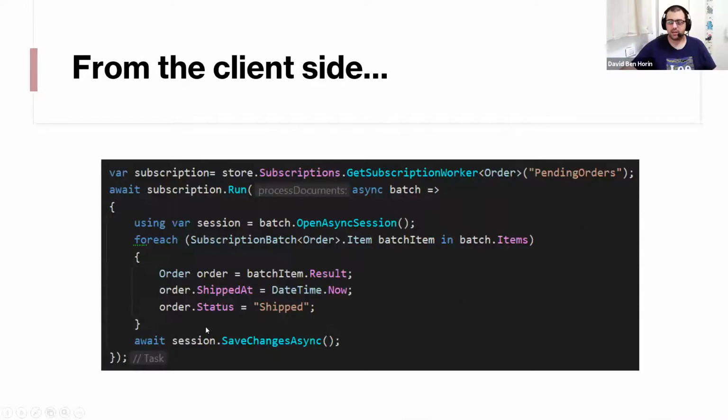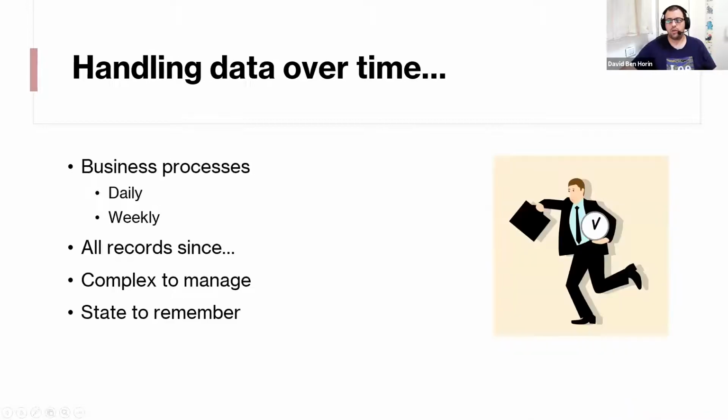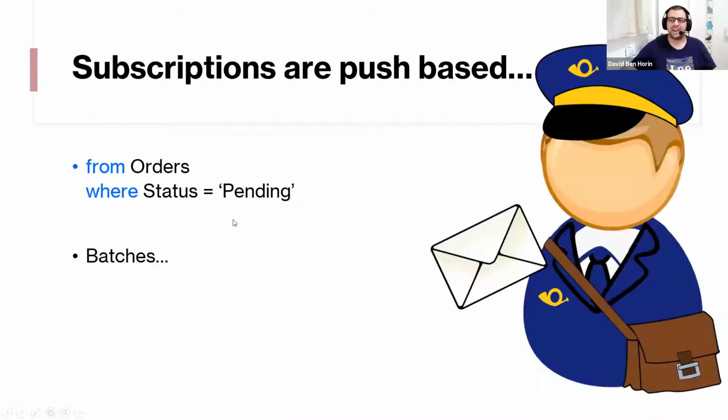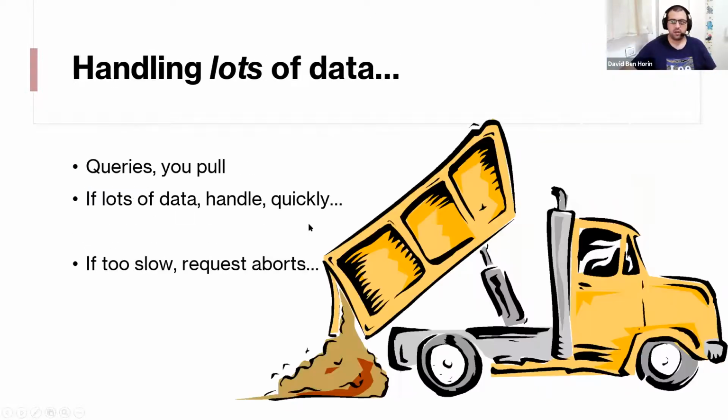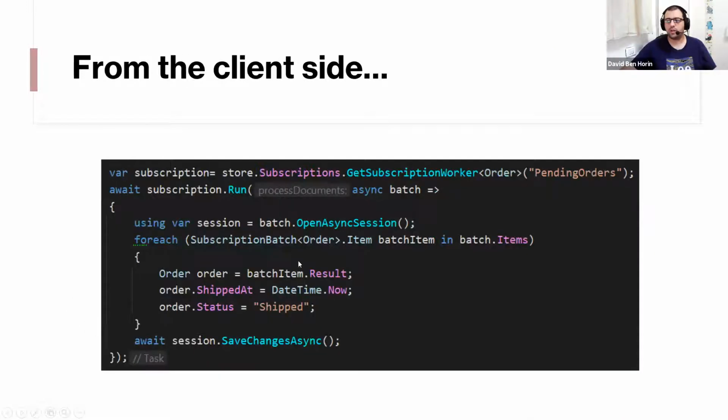In this case, the order status was changed. If you remember, we're only getting status is pending. So the fact that we modify this document, we will not see it again. But this is absolutely something that you have to take into account.